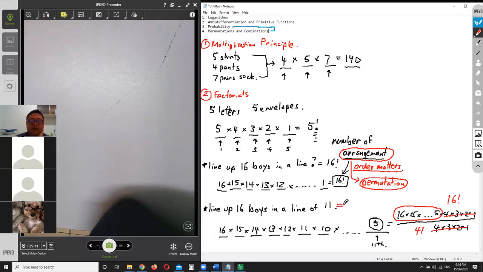So that is what we call 16 choose... What's that called? 16 choose 11. Okay. 16P11. Right. Now 16P11 is 16 factorial over 16 minus 11 factorial.